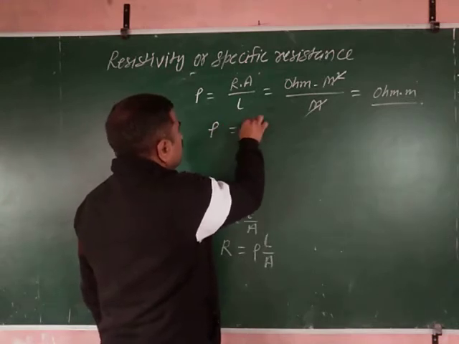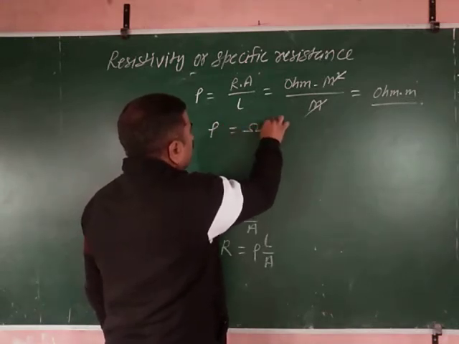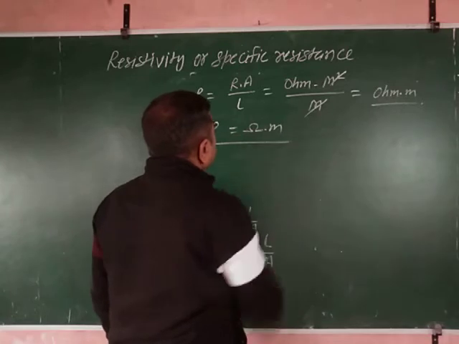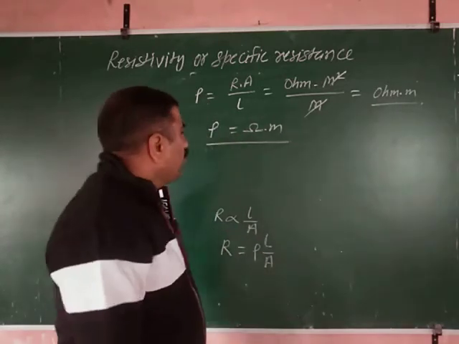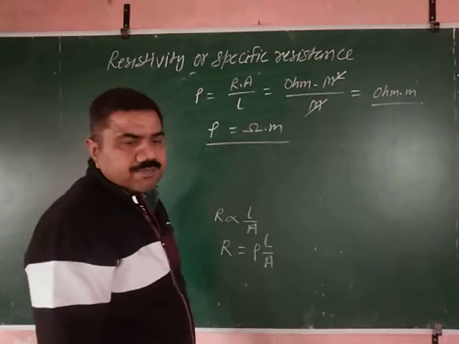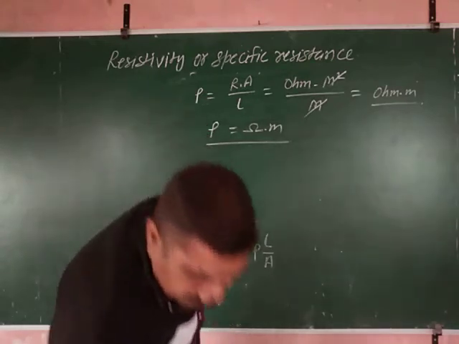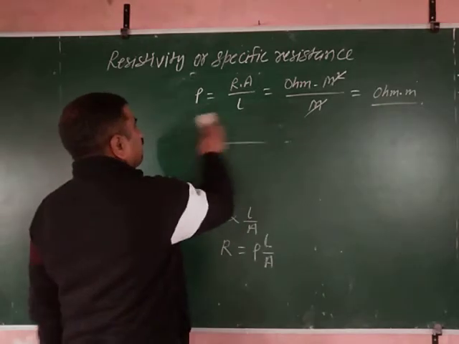The unit of specific resistance is ohm into meter. Now we will define the unit of this quantity.